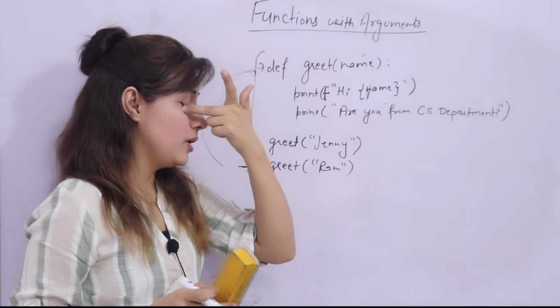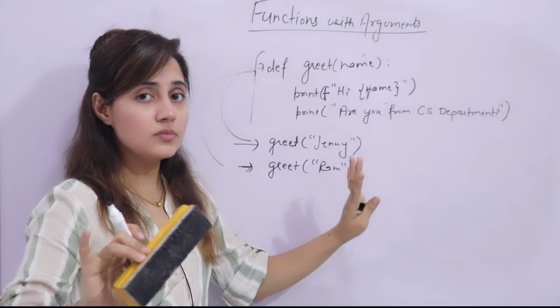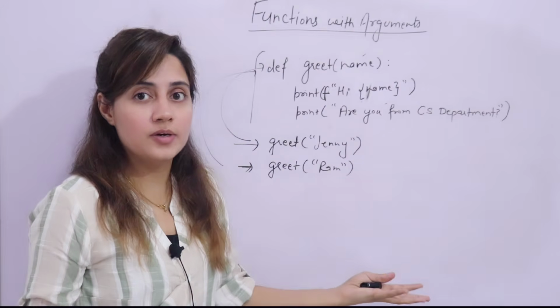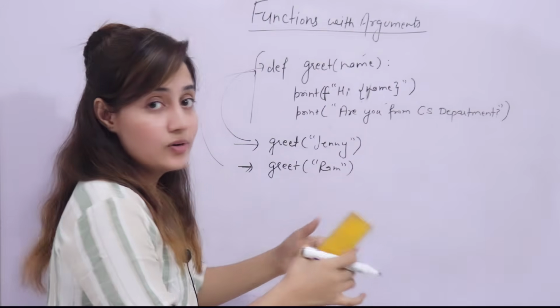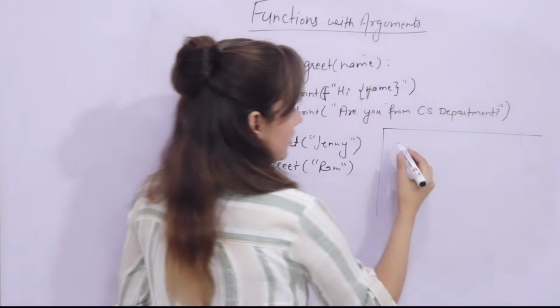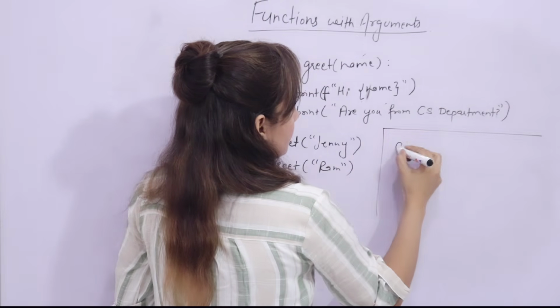So this is what these functions are. We are providing some input to these functions, or we can say arguments to these functions. Now see, the general syntax, if you write functions with arguments, how will you write? We will write something like this. I hope now you can write it. Just pause the video and try it out.